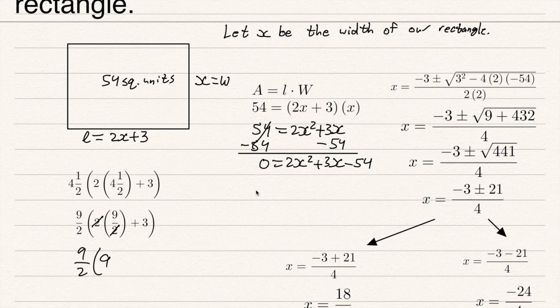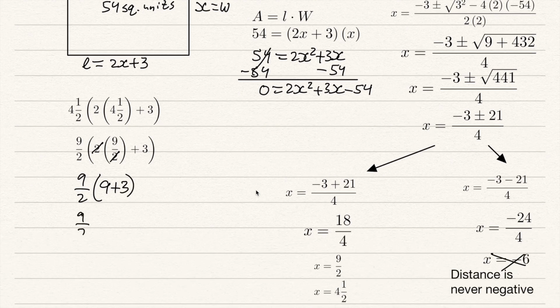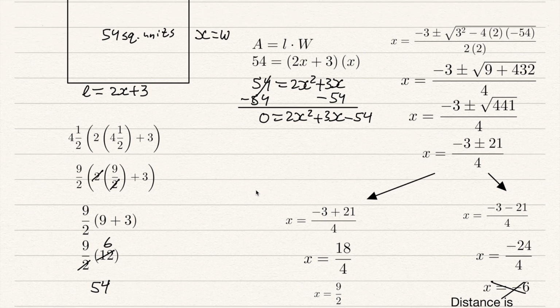Rewrite as 9 halves times 9 plus 3. It's going to become 9 halves times 12. We can again cancel. 2 and 12 cancel to give us 6, and 9 times 6 is 54. That should be the area, and it does match the area we were given.